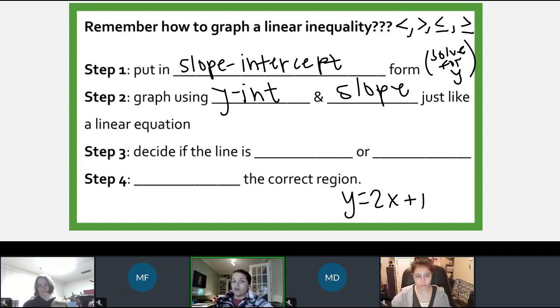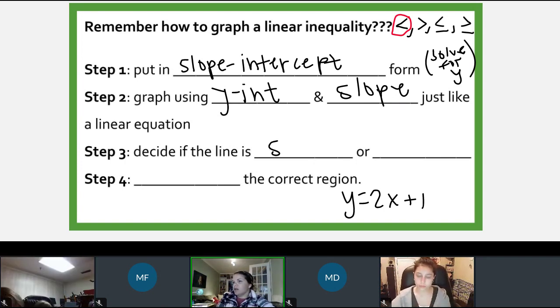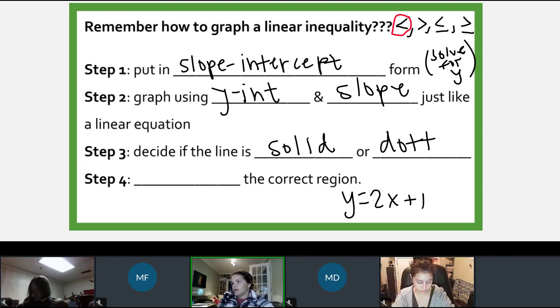Okay, so if I have a sign, let me circle, that's just less than, what kind of a line will I use? There you go, Jonathan. So I'm going to decide if the line is solid or a dotted line. You guys remember that from graphing inequalities?